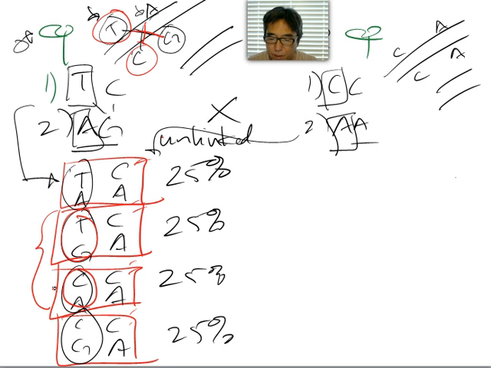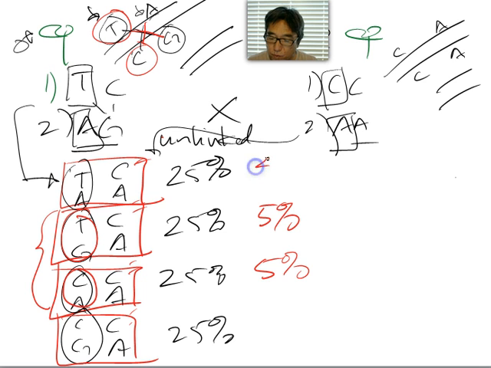So let's say if we just look at all the progeny, and we saw that 5% of the progeny were TG and CA here, and let's say 5% were CA and CA there. So those represent the two recombinant classes. And then the rest, so this is 10% of the total. The rest would be 90%.